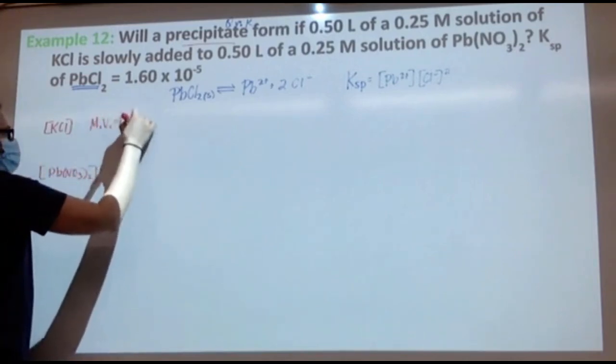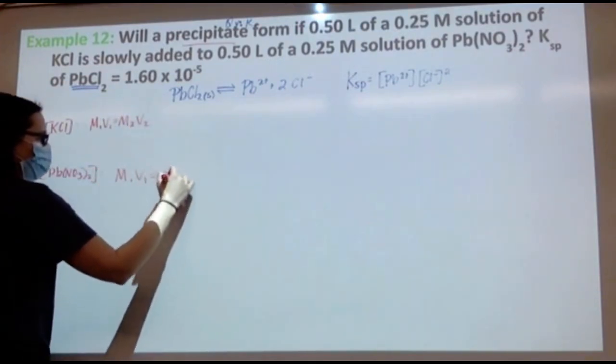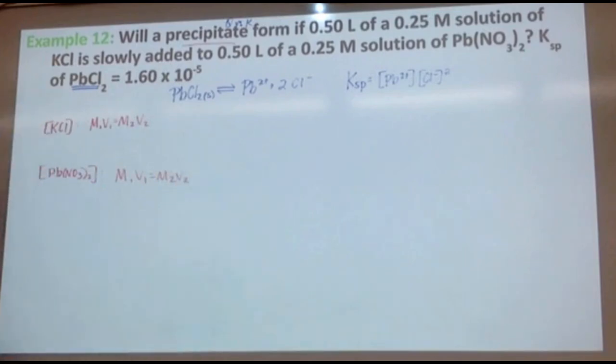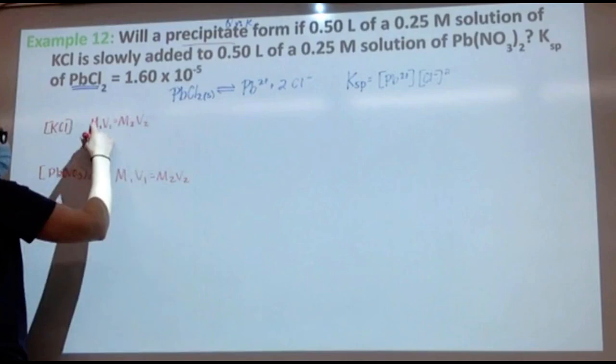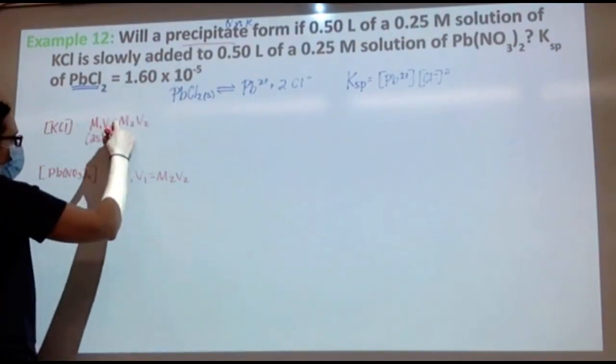So M1V1 equals M2V2. So for KCl, we start with a 0.25 molar solution of KCl that's 0.5 liters.